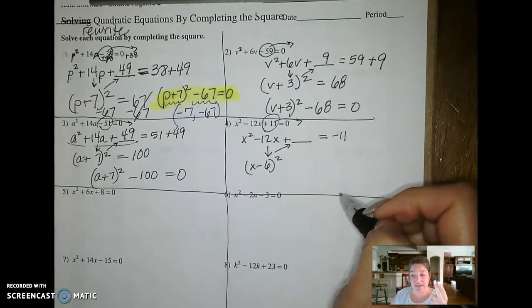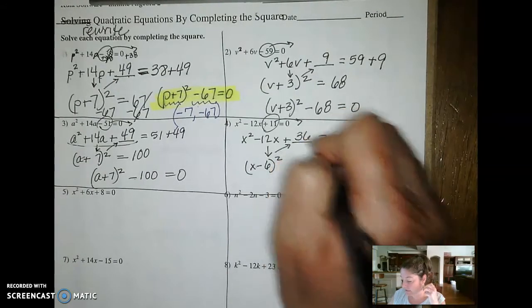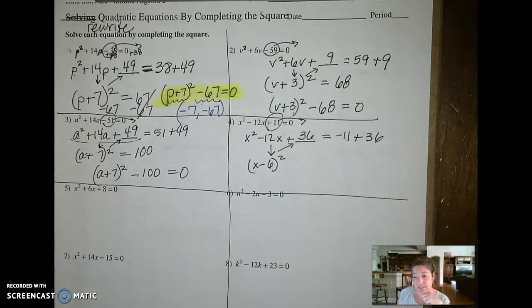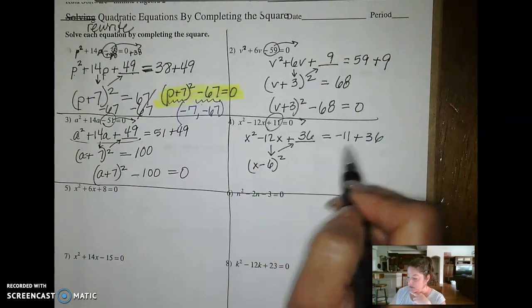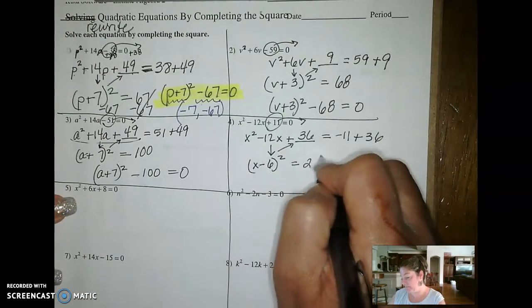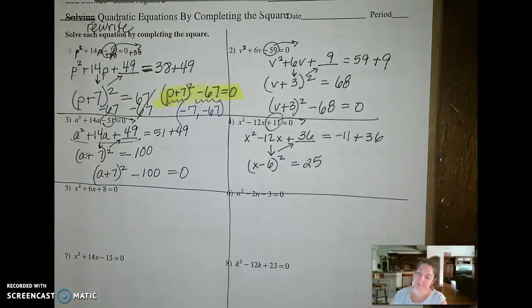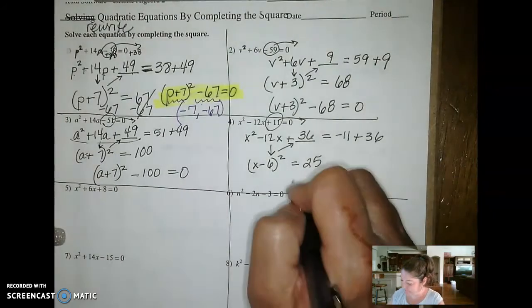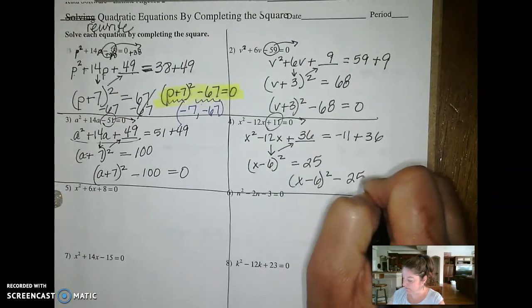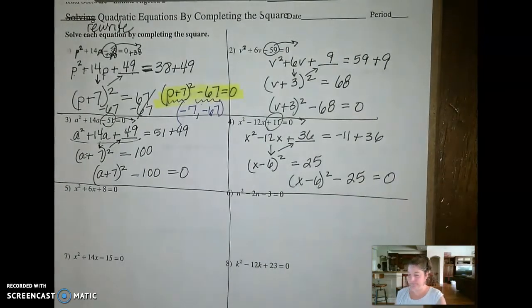A negative and a negative makes a positive. So you are always adding a number to both sides, okay? Negative 11 plus 36 is going to be 25. And last but not least, we're just bringing that 25 back over. So x minus 6 squared minus 25.